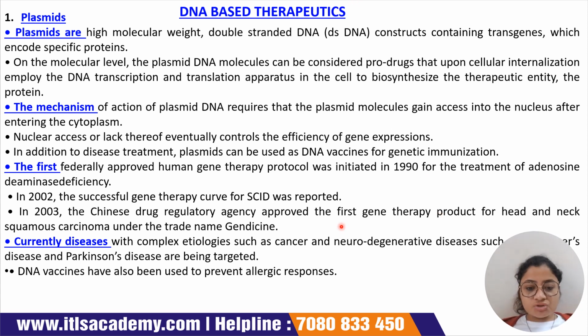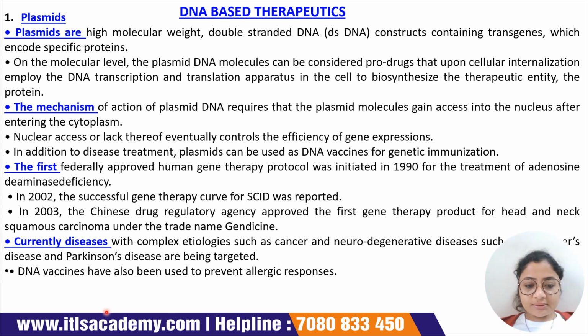Okay. So SCID was the first disease where gene therapy was implemented successfully. Gene therapy is again something we will be talking about in detail in the upcoming sessions. Okay. And in 2003, the Chinese Drug Regulatory Agency approved the first gene therapy product for head and neck squamous carcinoma under the trade name Gendicin.